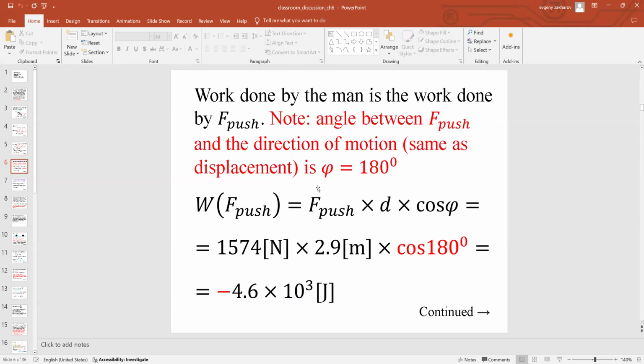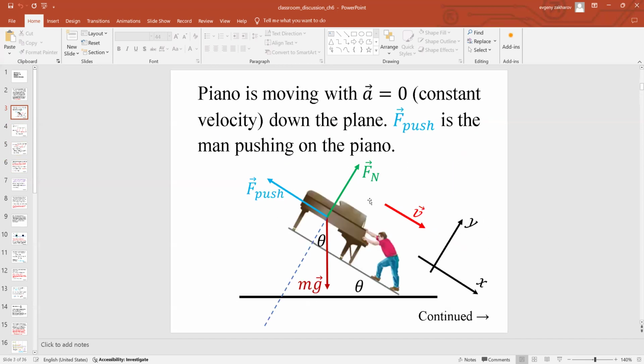Now work done. What is the work done? How do we calculate work done if the force is constant? It's the force, the displacement, and the angle between the force and displacement. Let's take a look at the force. The force is up the incline, and displacement is the direction of motion.